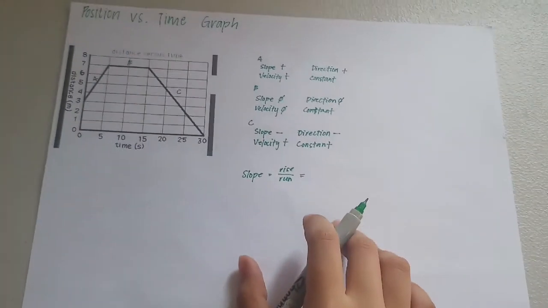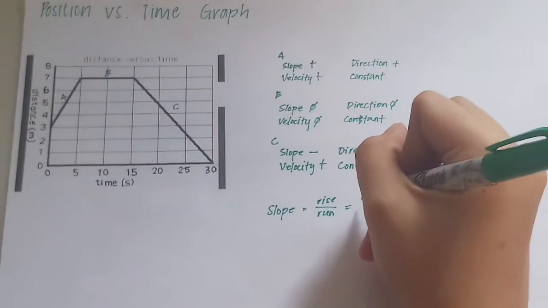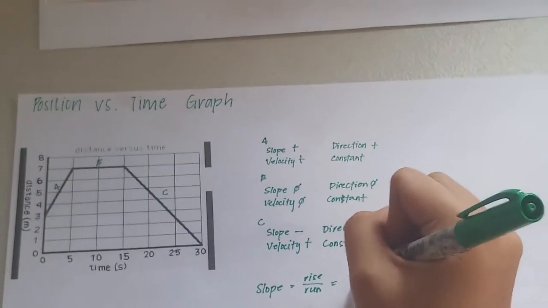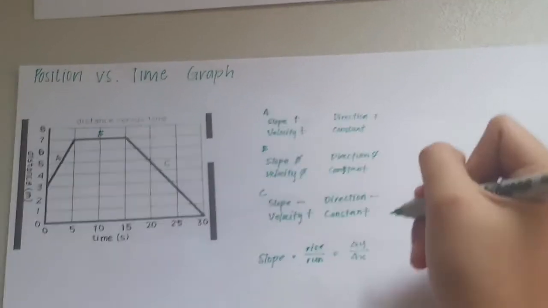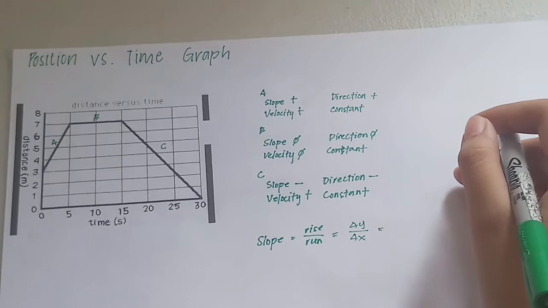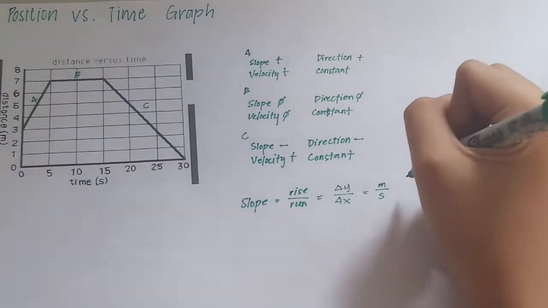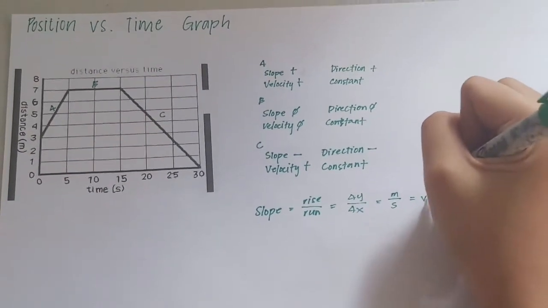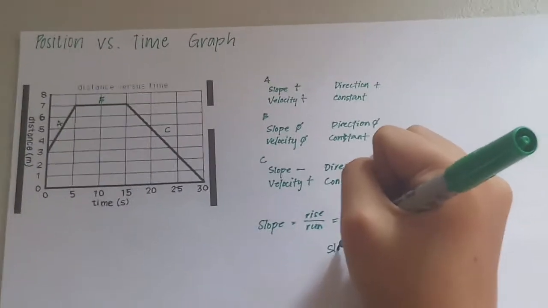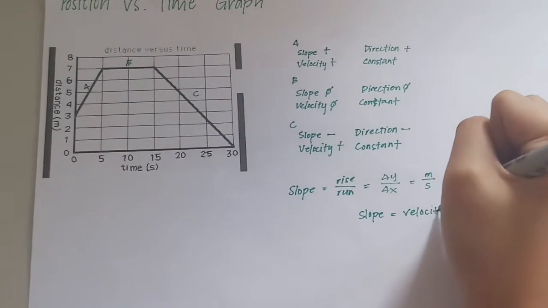So we all know that slope is rise over run, as well as change in y over change in x, and it could also be meters over seconds, and this is also considered velocity. So the slope is also the velocity.